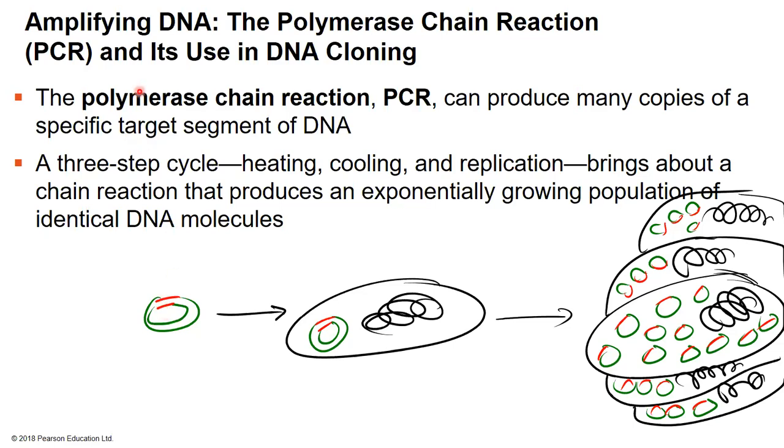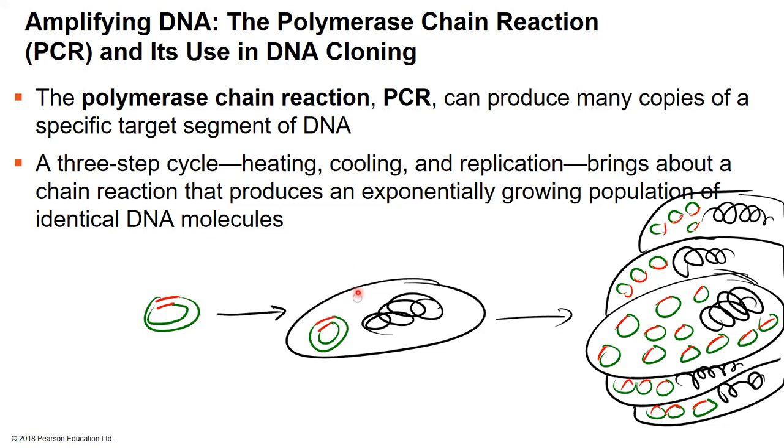Another way is by using a technique called polymerase chain reaction, okay? Or for short, PCR. Now, this PCR is used to produce many copies of a specific target segment of DNA.